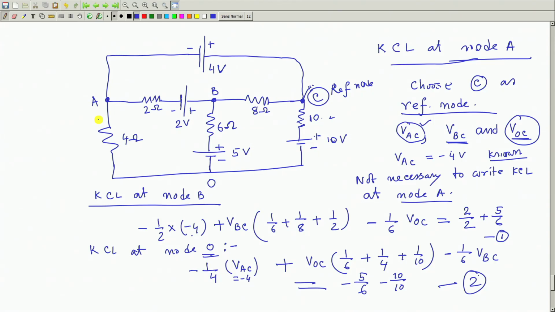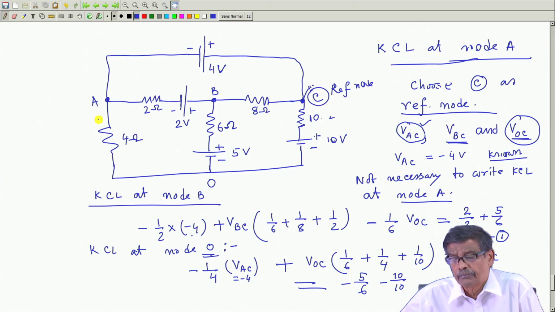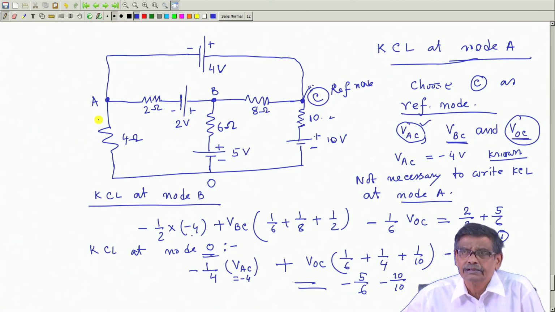Therefore, given a network, look at the network carefully and see whether current sources are present in the outer loop and whether ideal voltage sources are present between two nodes, and whether you can exploit that in terms of the number of equations to be solved. If you can reduce that, you achieve something. Less time will be required to solve the network.